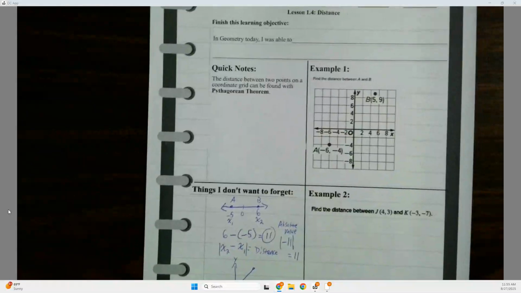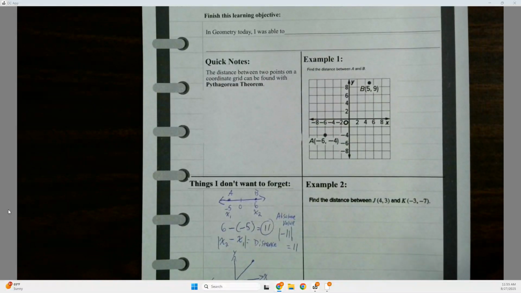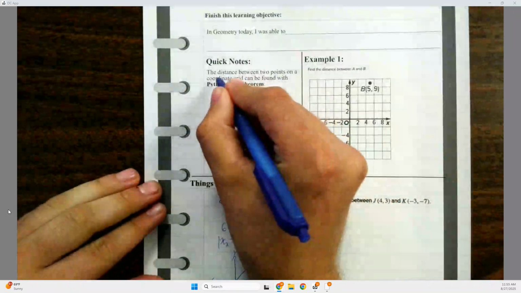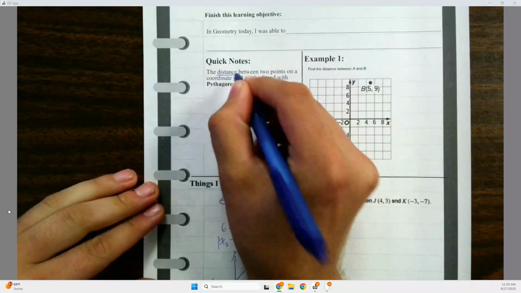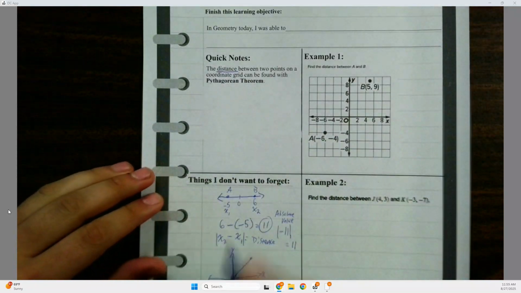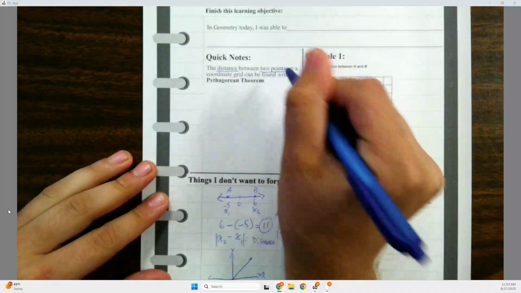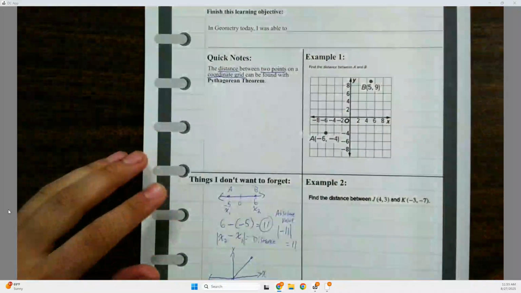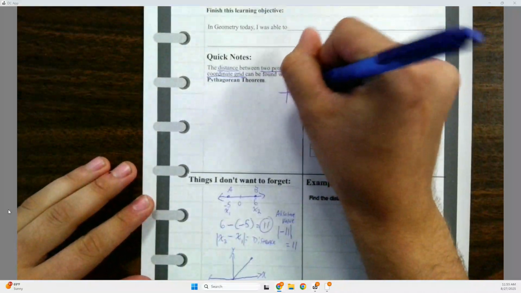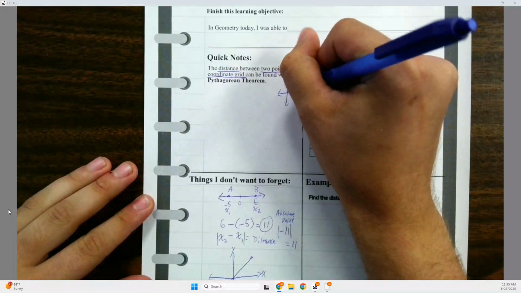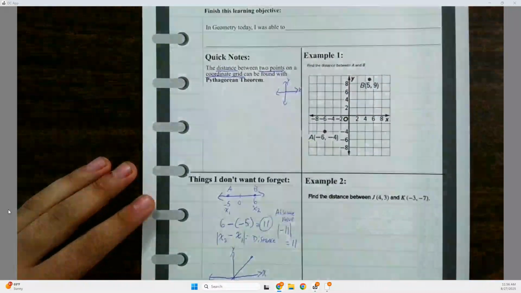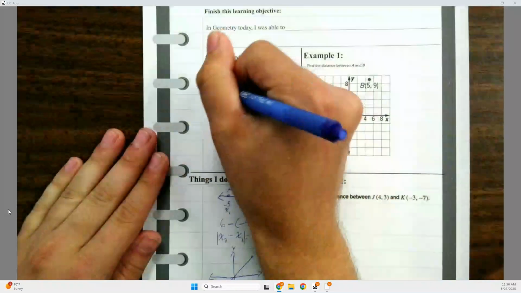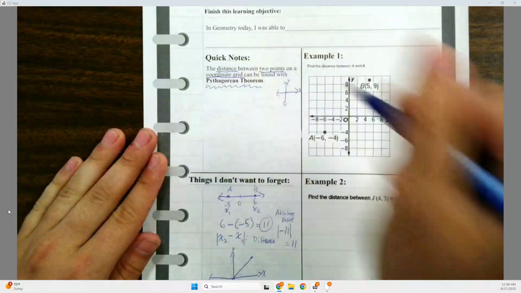Here's where I want you to go to the top left of your notes. The distance between 2 points, so I'm going to underline some things. The distance between 2 points on a coordinate grid, in other words, something that looks like this, where I have my arrows going in all four directions, I have x's and I have y's, can be found using something called the Pythagorean theorem.